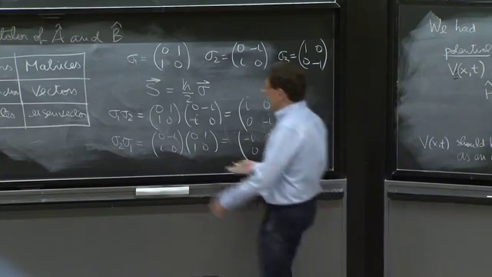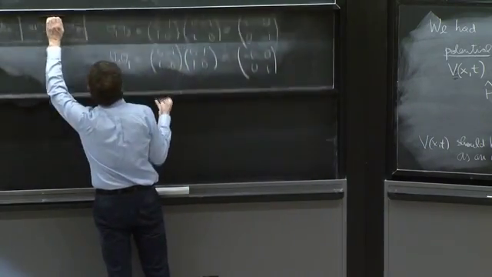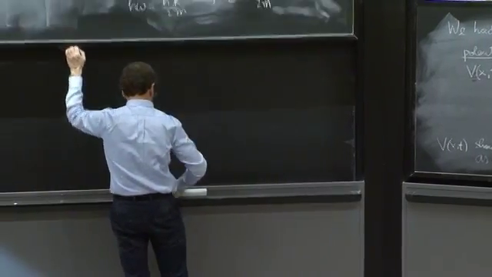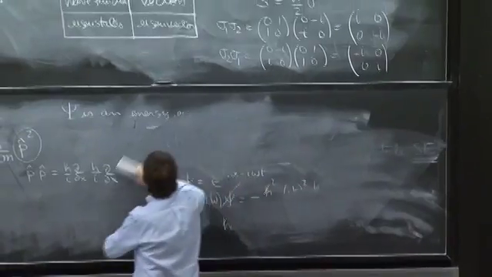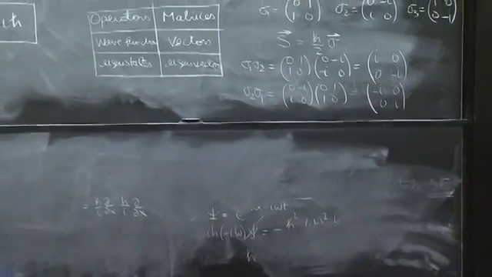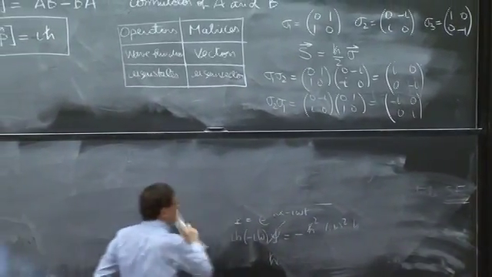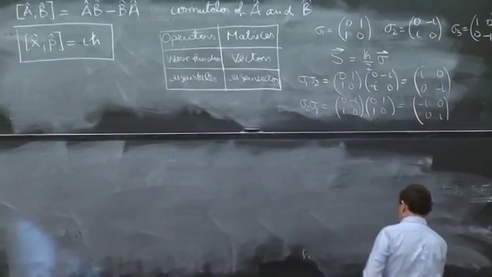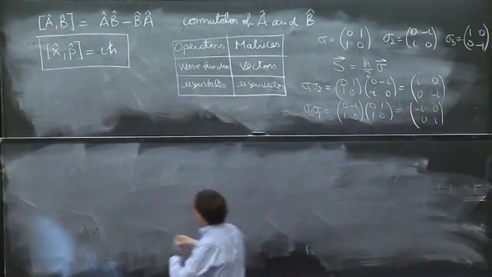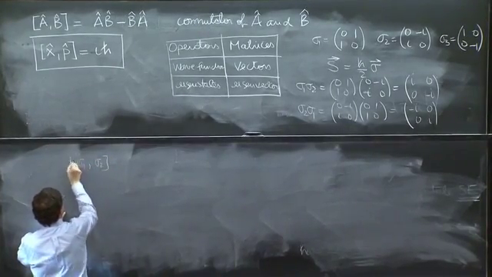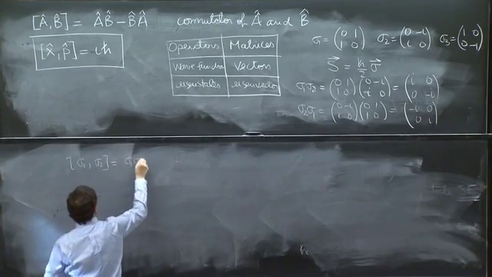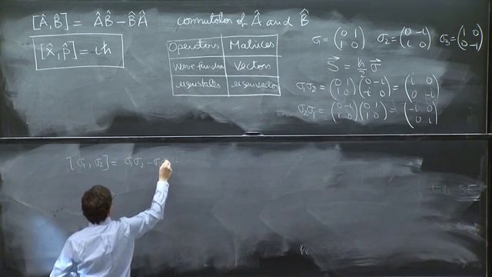So I can go ahead here. And therefore, the commutator of sigma 1 with sigma 2 is equal to sigma 1 sigma 2 minus sigma 2 sigma 1.